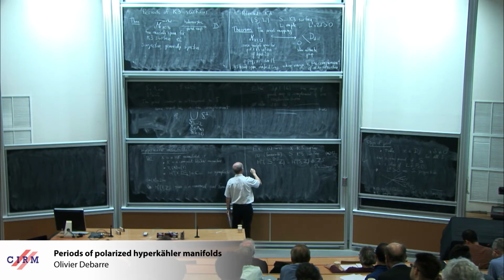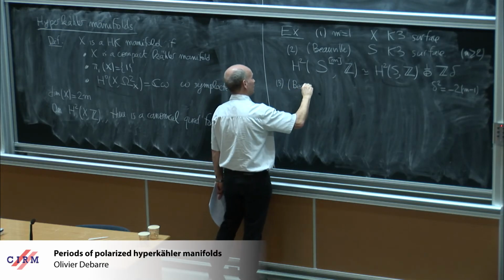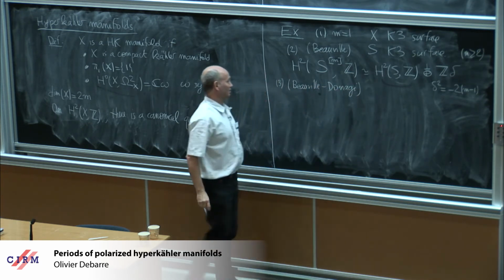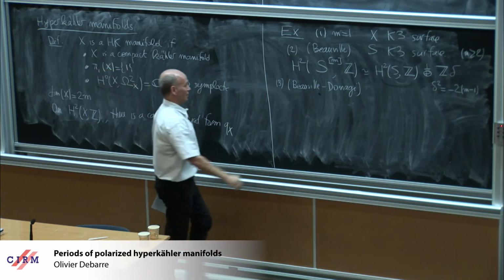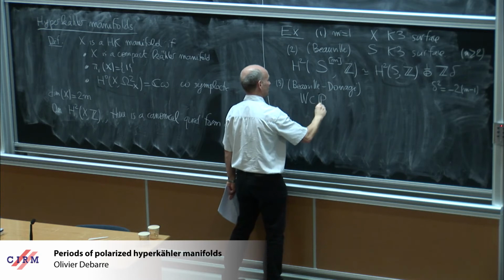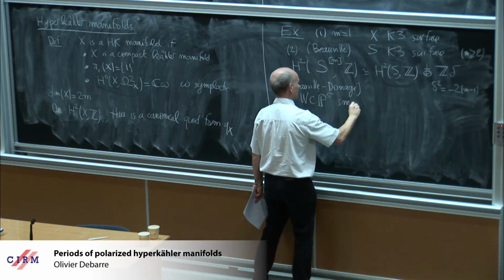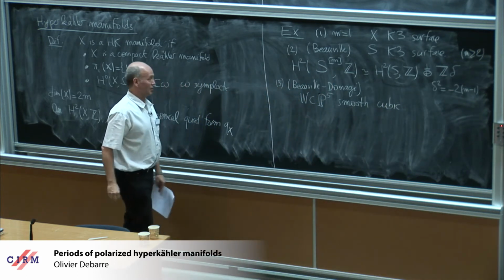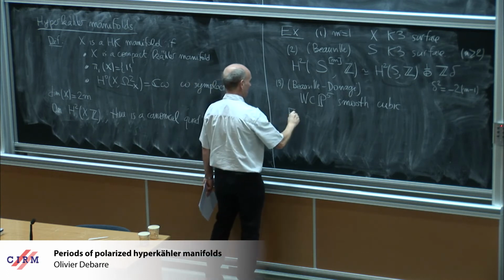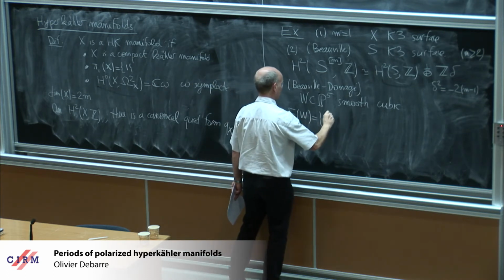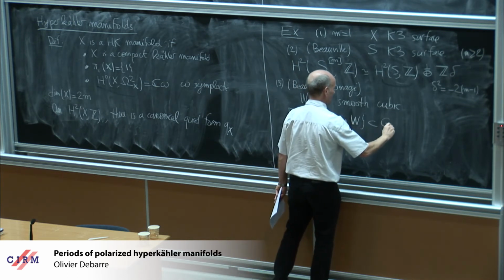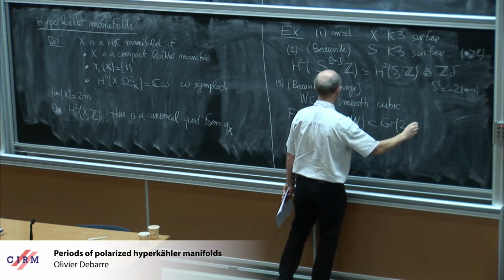Another example is due to Beauville and Donagi. And so you start from a cubic hypersurface in P5, a smooth cubic hypersurface W. And you consider the space of lines contained in W. So this is a subscheme of the Grassmannian of 2 planes in C6.